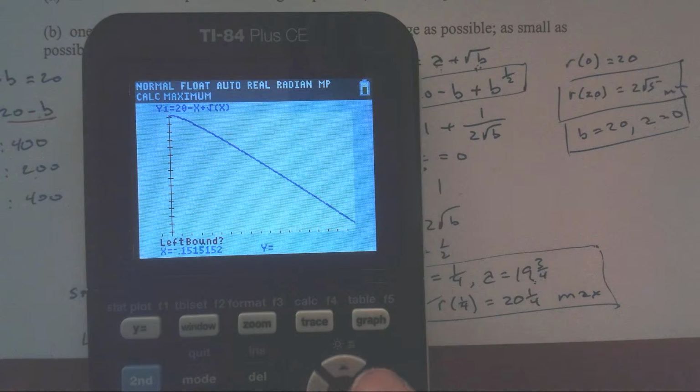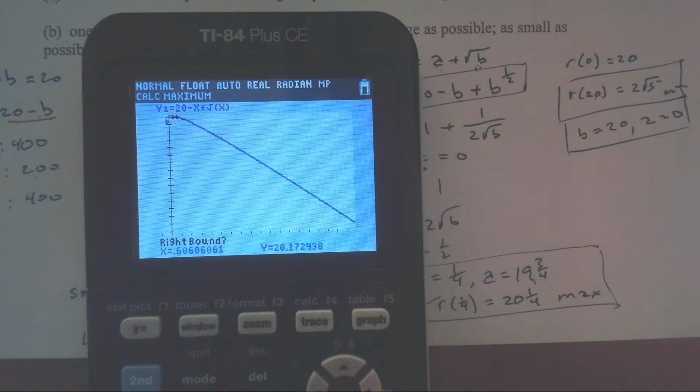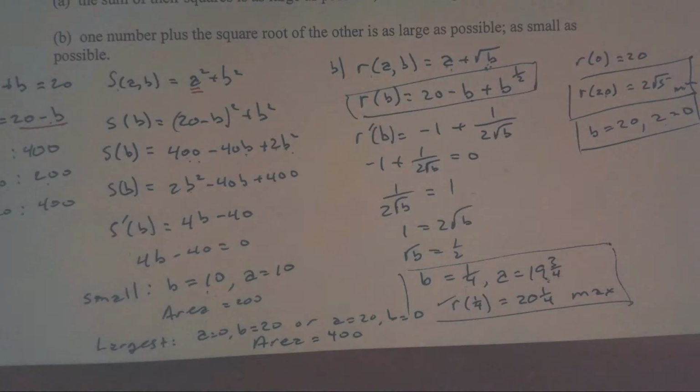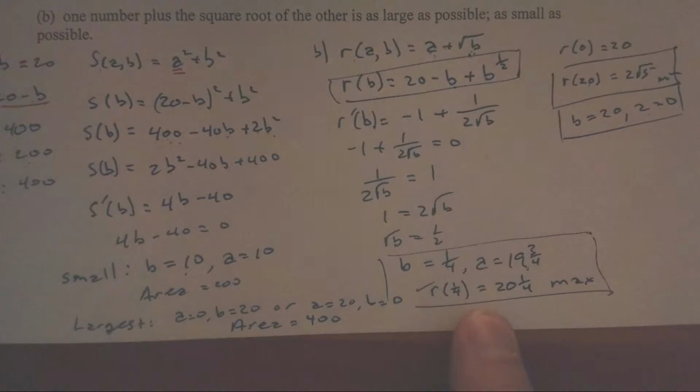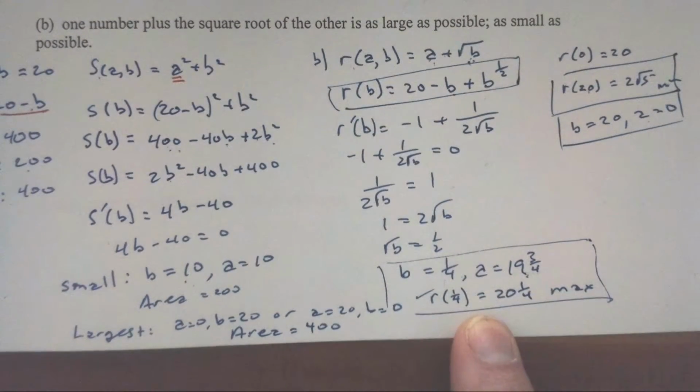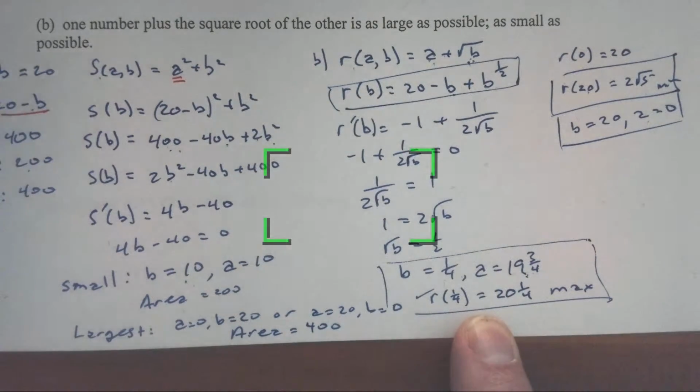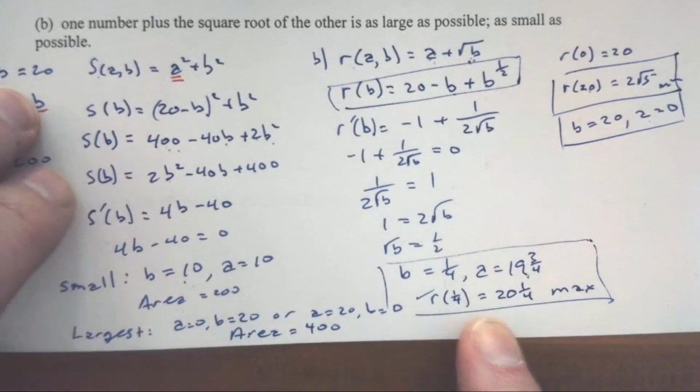So at 0, I'm going to stamp it, and I'm going to go a little bit till I think it's coming back down, stamp it, and it looks like that would want to be 1/4 and 20.25, and there we have it. So calculator is going to be helpful for us for checking, but we're still going to be responsible for showing our calculus along the way. At least we're freeing up calculator for you, which we haven't done in the past.